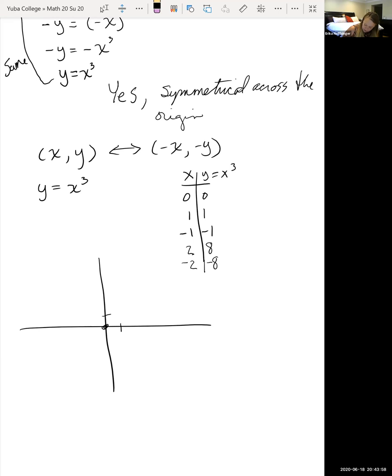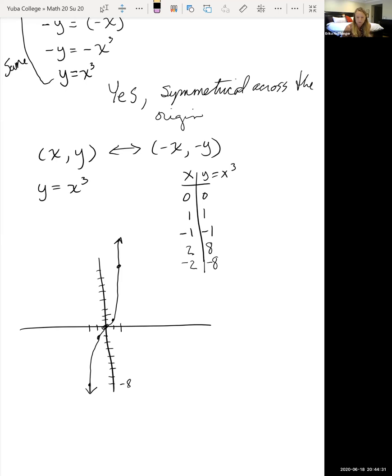Okay, so we got 1, 1, we got 2, 8. We have negative 1, negative 1, and we have negative 2, negative 8. So if we folded our paper in quarters, notice that that would be a mirror image across each other.